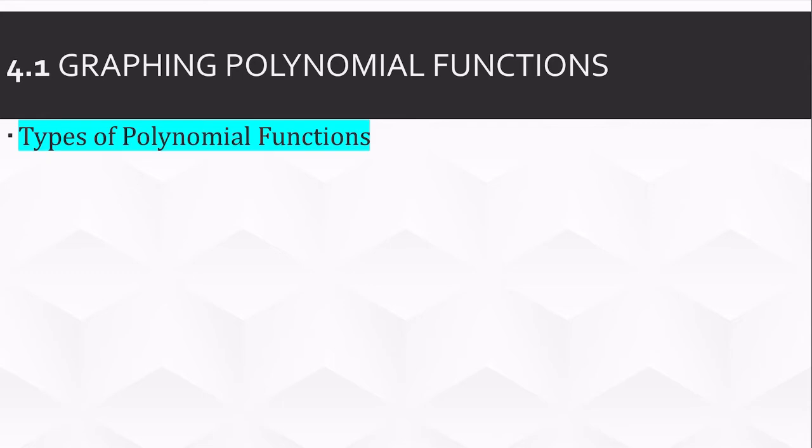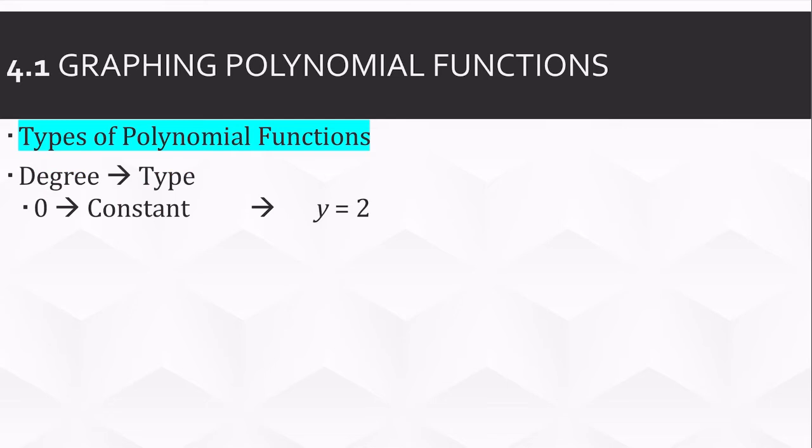We can use the degree to classify polynomial functions. If the degree is 0, then we say it's constant, like y equals 2, and that graphs a horizontal line. If the degree is 1, it's linear, like y equals 2x plus 1, which graphs a slanted line.